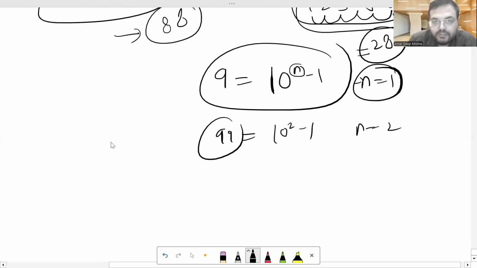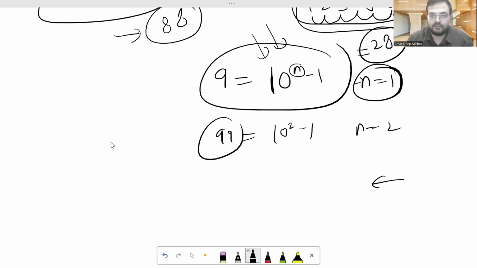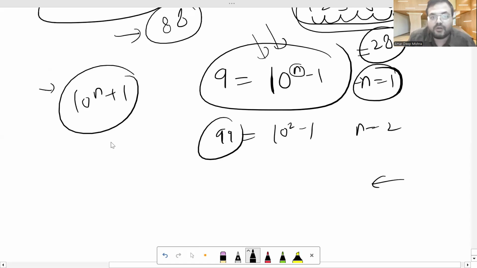So in these type of questions, for the divisibility rule for 10 power n minus 1, we again start from the right side, but we keep on adding. We don't have to add and subtract on an alternate basis, just like we had done for 10 power n plus 1. For 10 power n plus 1, we were adding and subtracting, starting from the rightmost end.